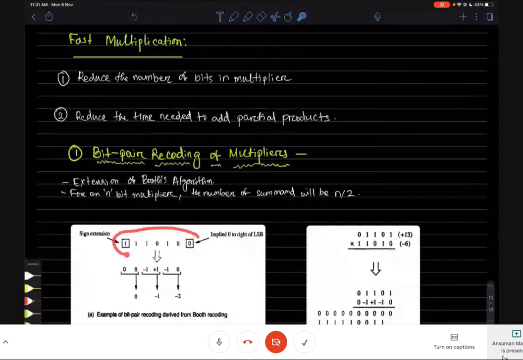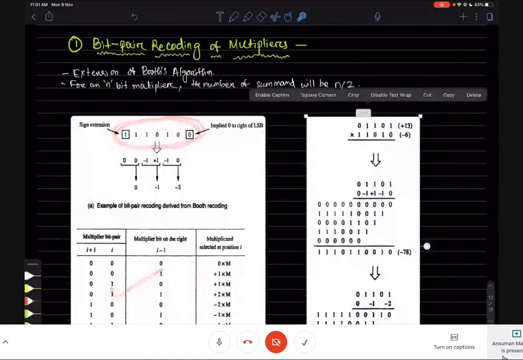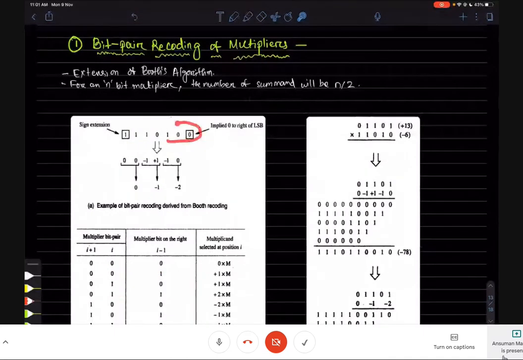If this is a multiplier, we are recoding it based on this table. We are taking three bits and coding them. So 100 is minus 2, so we give the minus 2 code.